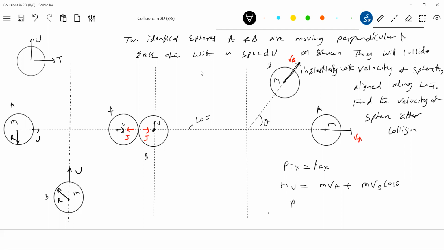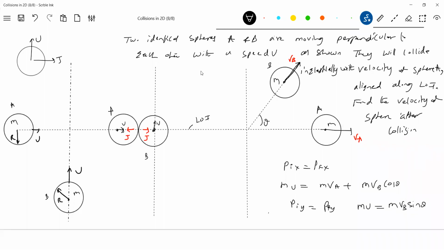Then along the y-axis, initial momentum is zero and final momentum is M VB sin theta.